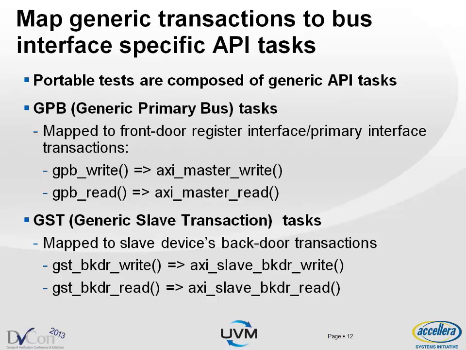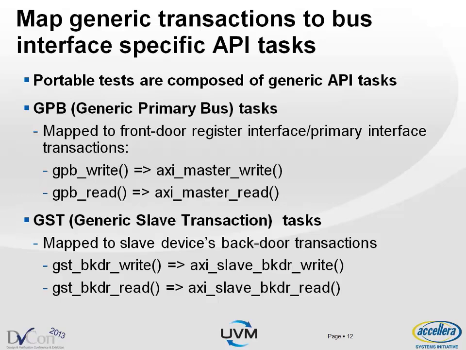Basically, it's usually mapped to your primary bus interface, and you can access your register space, usually doing front-door register transactions. In our case, the GPB write task maps to the AXI master write at the bottom, and GPB read maps to the AXI master read.